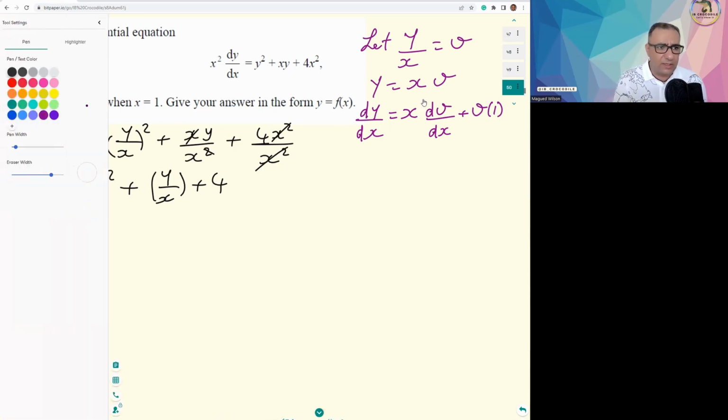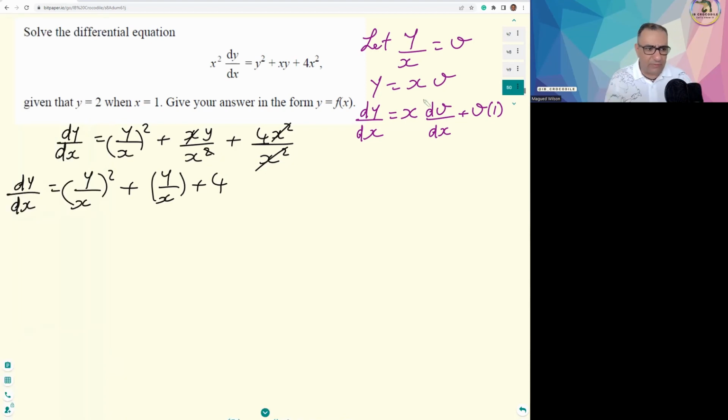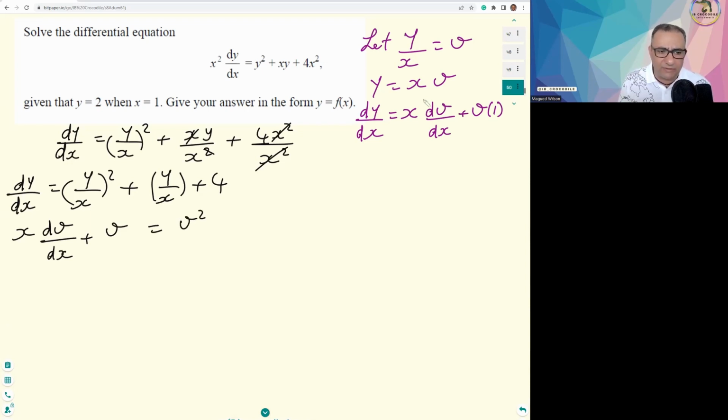Okay, so let's do that. I'm going to substitute now in the main differential equation. So this is x dv by dx plus v, since v times 1 is v. On the right hand side, I replace each y on x by v, so we have v squared plus v plus 4.